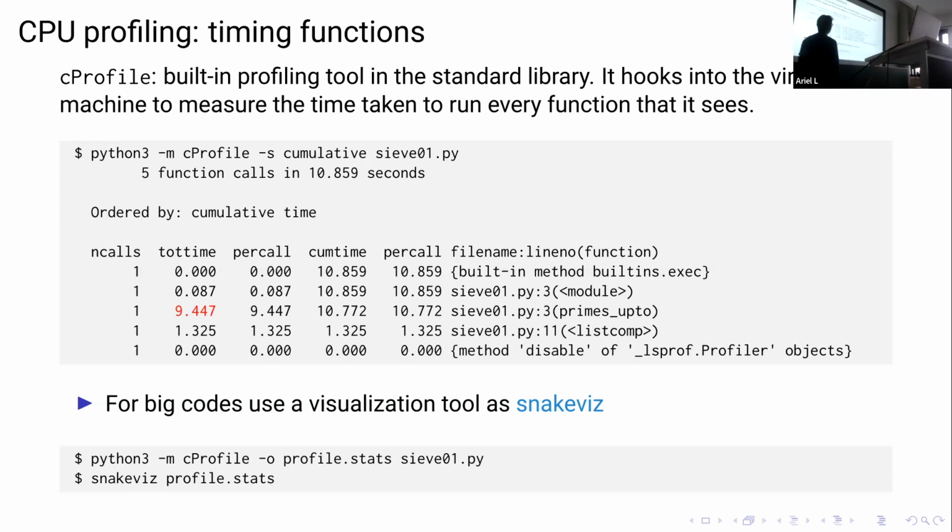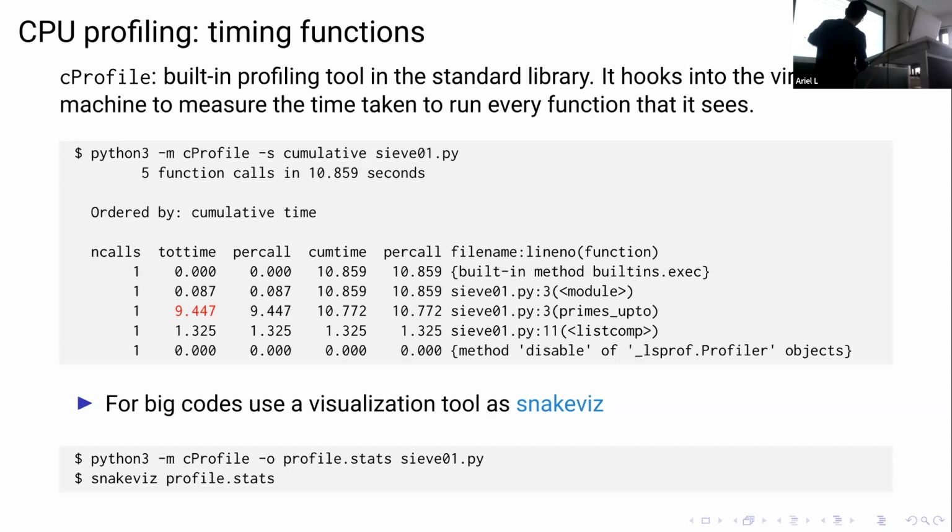And this tool will hook into the Python virtual machine and look during the execution of the code. It will take a look at how much time was spent on each different function that was seen by the Python virtual machine.